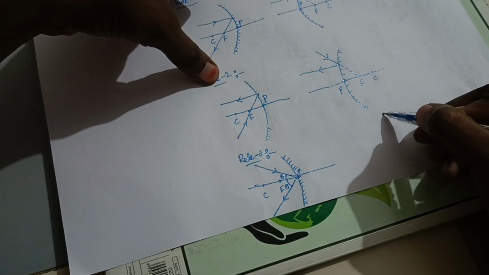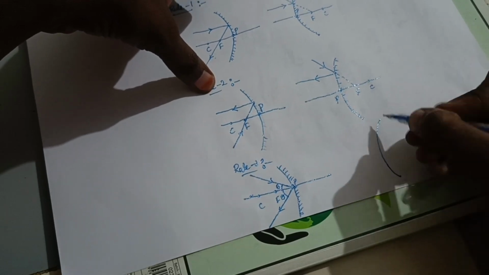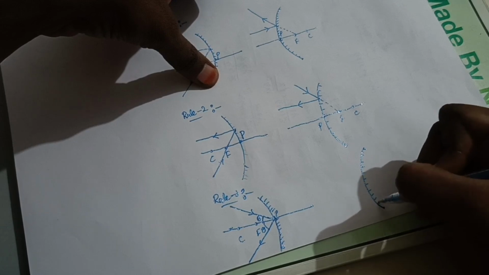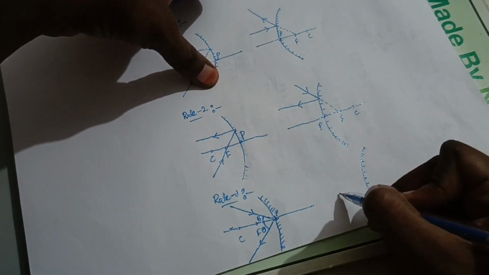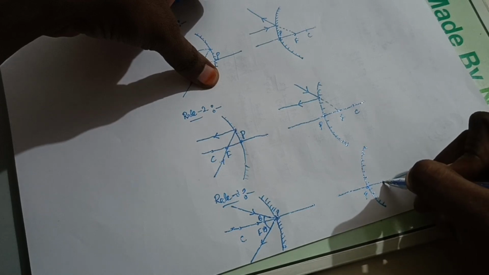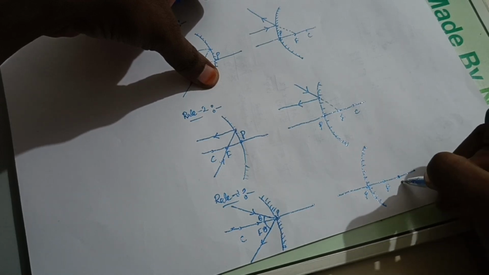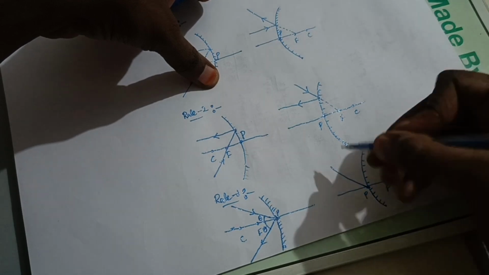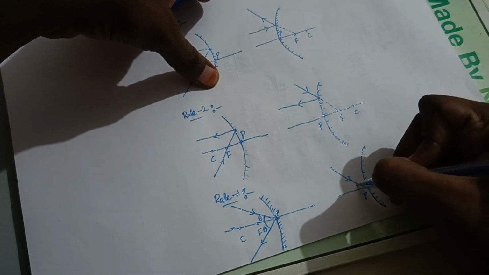If you draw a ray diagram for a convex mirror, it looks similar. Let me draw it like this, and this is the principal axis. So this one is the pole, focus, center of curvature. Again, the incident ray must strike the pole obliquely by making some angle.